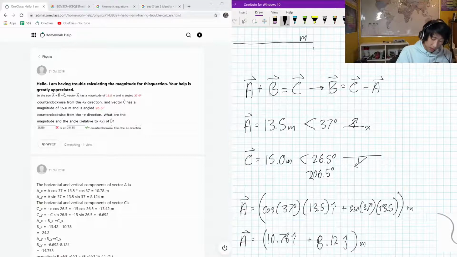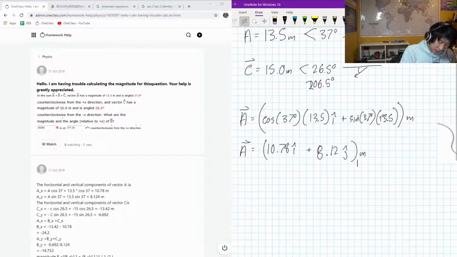All meters. Okay, and we're going to do the same procedure for the c, except notice how we are going towards the bottom left. That means we have to have a negative y direction and a negative x direction. Okay, so we're going to have negative terms here. So we'll use the smaller angle, the 26.5 degrees, and we'll just make our sign adjustments as we go. We know both are going to be negative.